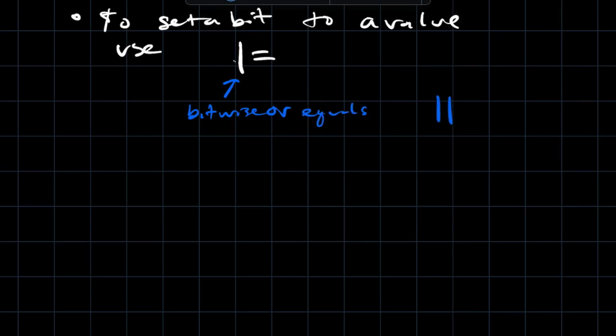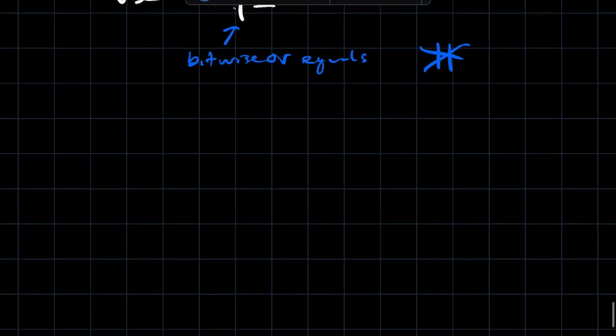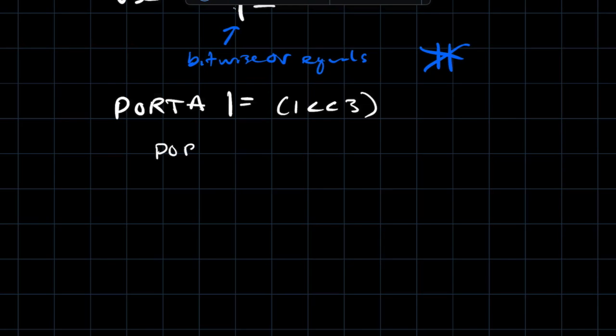If you use 2 vertical lines, that's a logical OR. That is not allowed here. We need to use a single vertical line to do bitwise ORs. So if I were to write something like this, port A OR equals 1 left shifted by 3, that's the same as saying port A is equal to port A bitwise or 1 left shifted by 3.